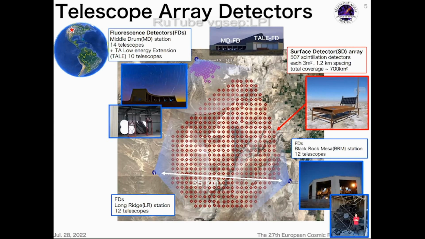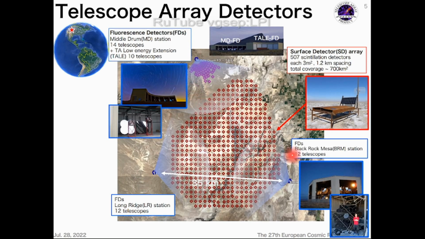This is the Telescope Array map. They have 507 scintillation counters in a square array configuration. The detector spacing is 1.2 kilometers, and the total coverage of the main TASD array is 700 square kilometers. They also have 3 fluorescence detector stations here, here, and here.